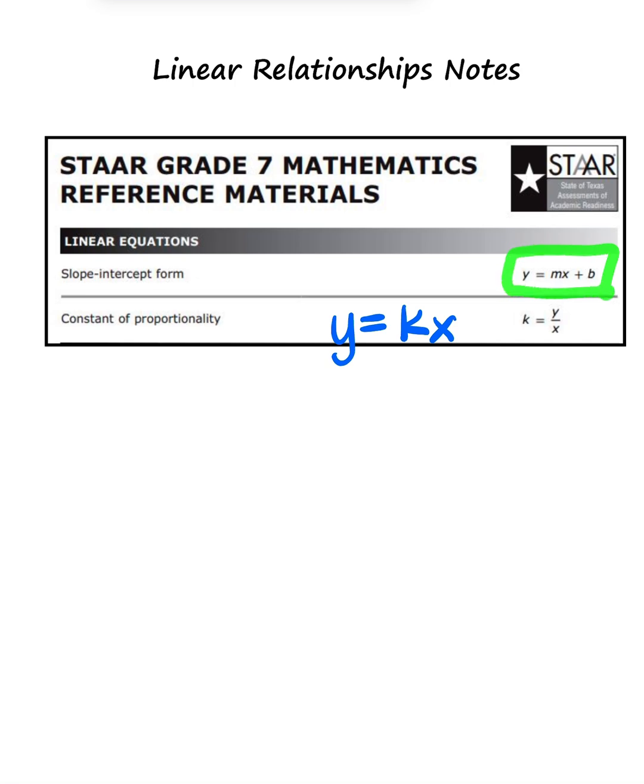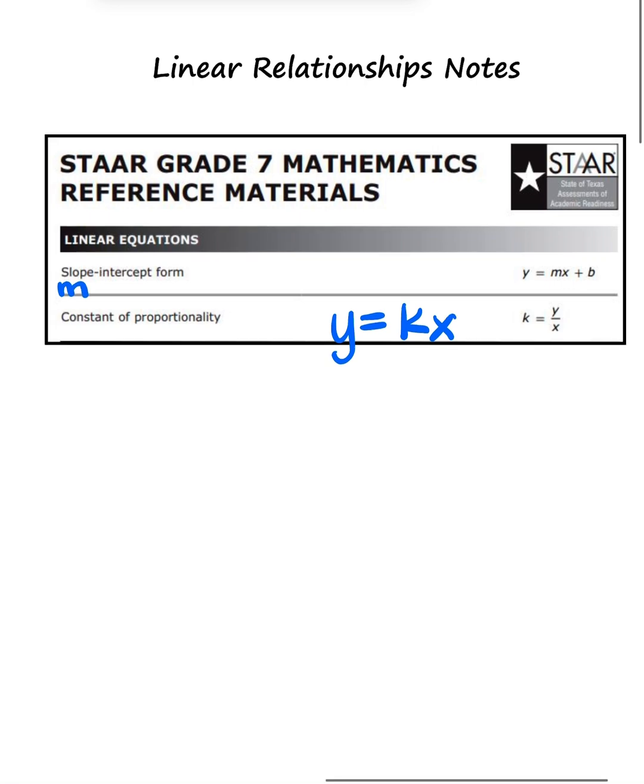So now we're going to use y equals mx plus b. The equations are very similar, but the slope-intercept form has an additional piece to it. The good news is that m is your slope, and when you read the words, slope-intercept form, the m is first in our equation and slope is first in the words too, so that works out.